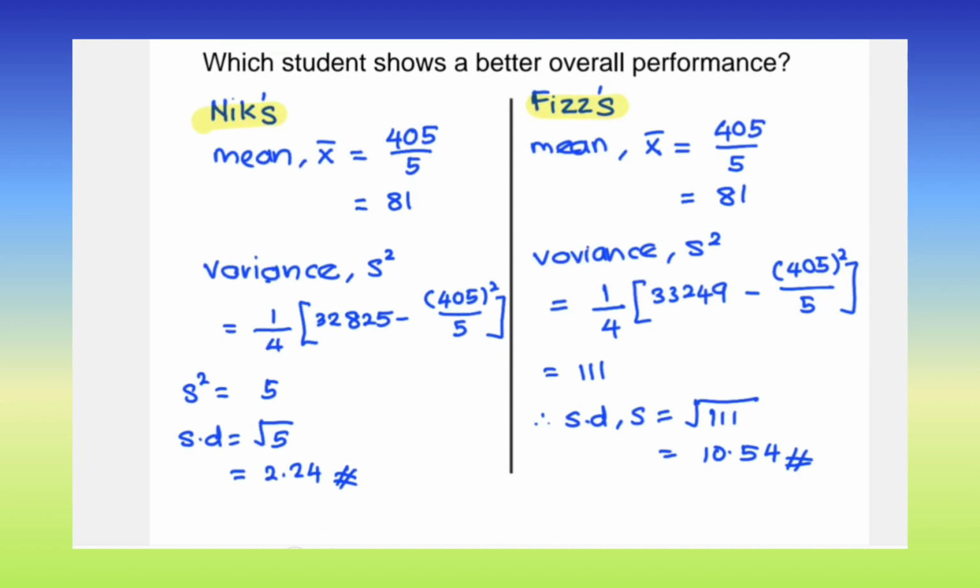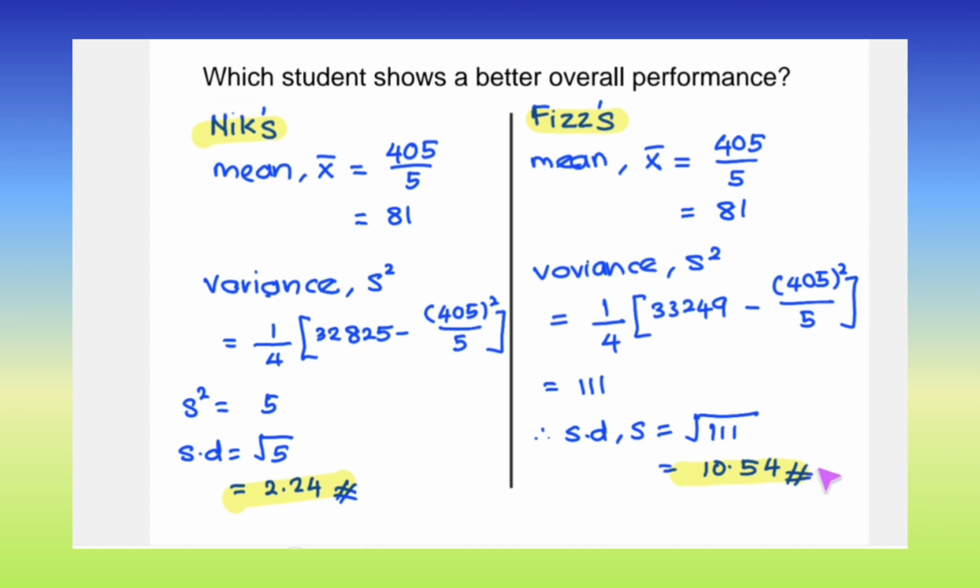As usual, to interpret the overall performance between Nick and Fish, we will look at the value of standard deviation. The bigger value of standard deviation means the data is less consistent.